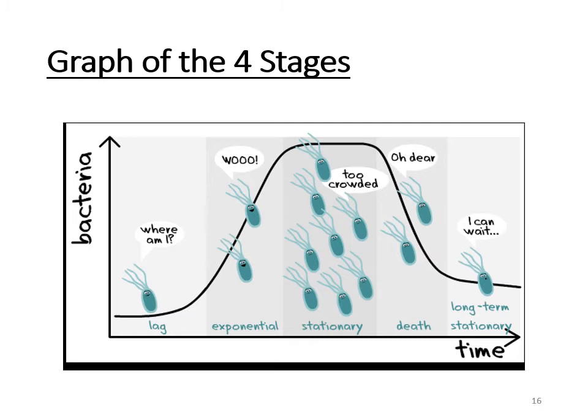Once it's made it through there, you'll notice that our curve starts to flatline up at the top. That's now the stationary phase. The reason it's flatlining is because the cell death is equal to the cell division rate. And you have to ask yourself, why is this happening? Why are they starting to die at the same rate that they're dividing? Well, look at the figure.